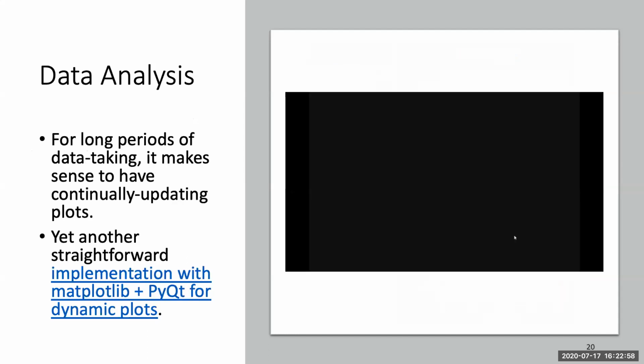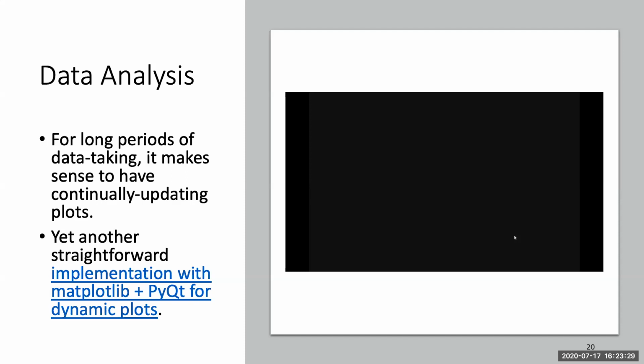Right. The key point there is that it's easy to integrate simple analysis techniques like scipy functions if you integrate everything together. Another feature we implemented was the use of matplotlib. When you're taking data for long periods of time, it makes sense to have continually updating plots so you can monitor the status of the data taking in real time.